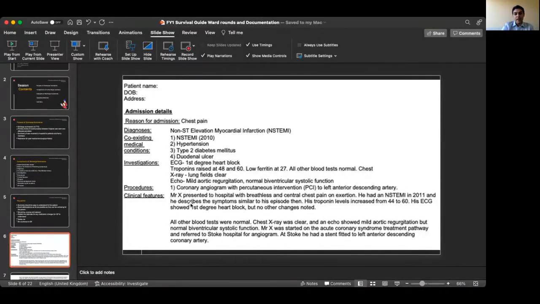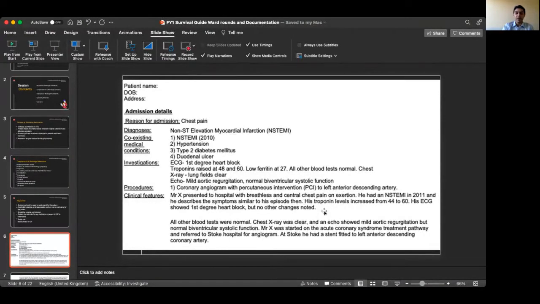And then the next section, as I said previously, the bulk of your discharge summary will be your clinical features. So I refer to the patient by their name, Mr. or Mrs. X, presented to hospital with breathlessness and central chest pain on exertion. So that's the presenting complaint. He had an NSTEMI in 2011, and he describes his symptoms similar to the episode he had then.